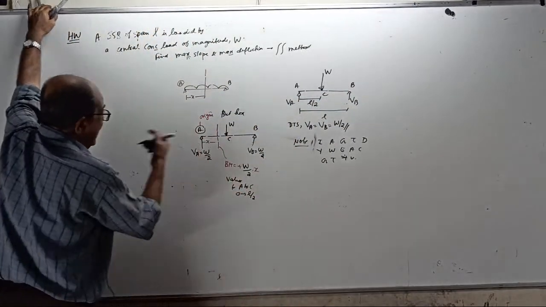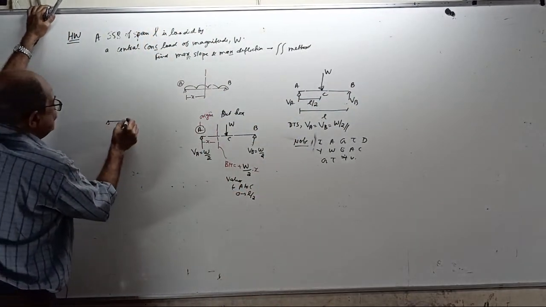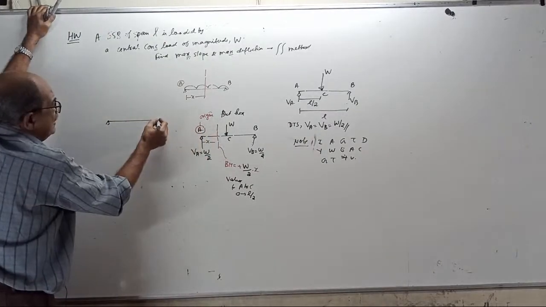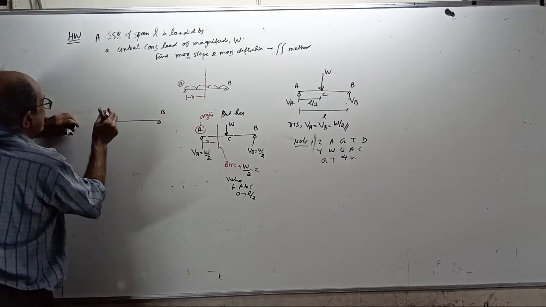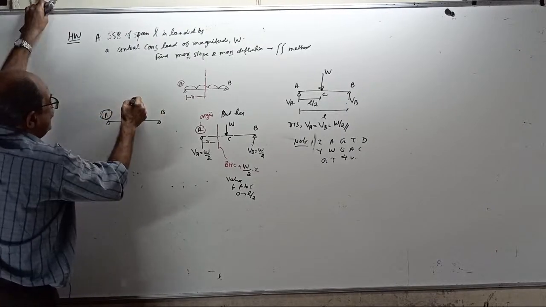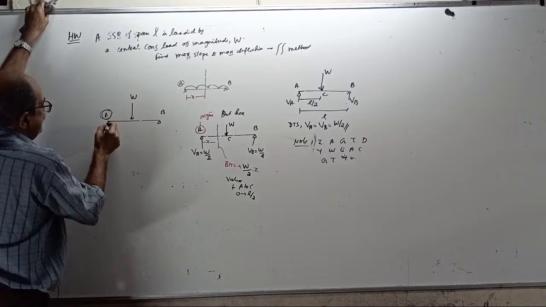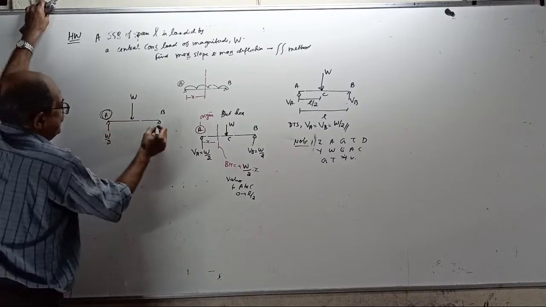Now, see, same question. Suppose you have A here, B here, A as origin. Take a load W here. This is W by 2, this is W by 2.